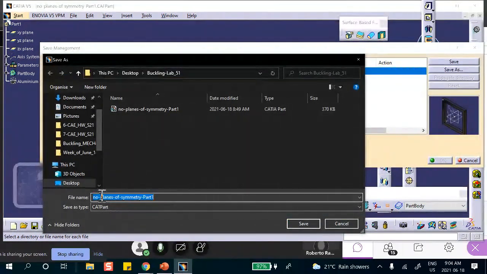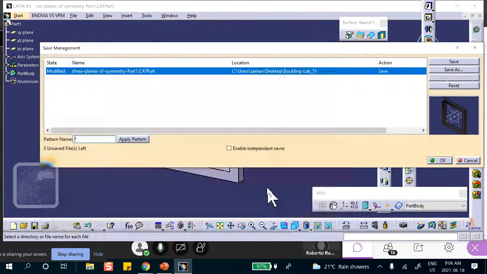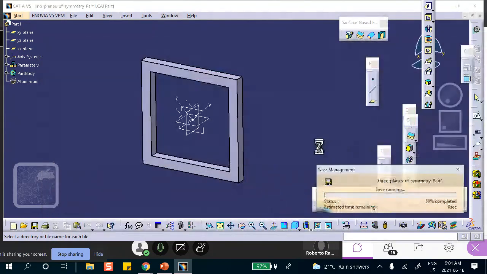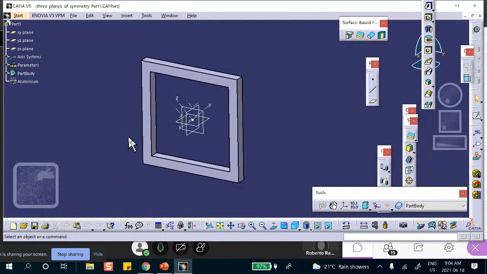I'm going to save it as 3 planes of symmetry, because I don't want to destroy this. I'm going to give it a different name so that when I change it, the original part will not be changed. Now, first of all, instead of padding it, I could have padded by 0.5. It would have given me 1. But since I'm in the cutting mode, splitting mode, let's do that.